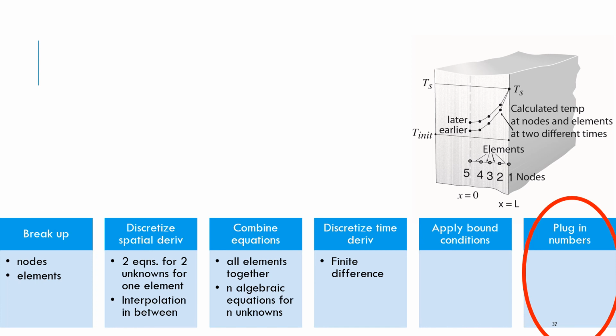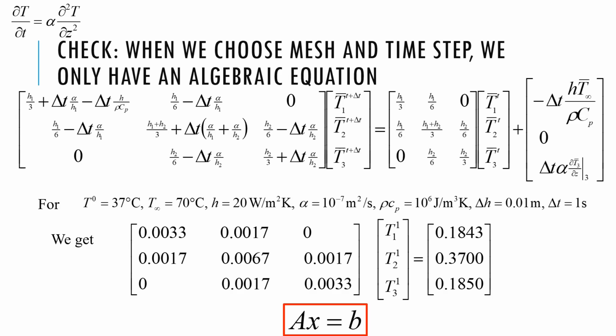Okay, so this was our original governing equation, the heat equation, and we converted it from the differential equation to a set of algebraic equations. Even though it's an algebraic equation, with all these symbols everywhere, it may not be obvious that we have achieved something really great.